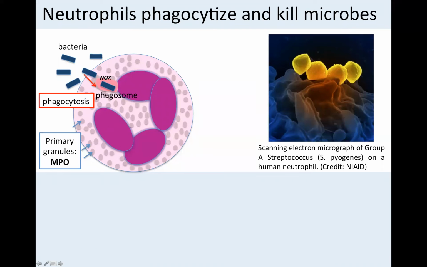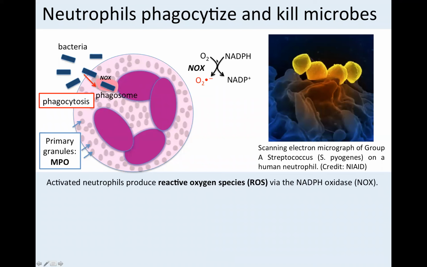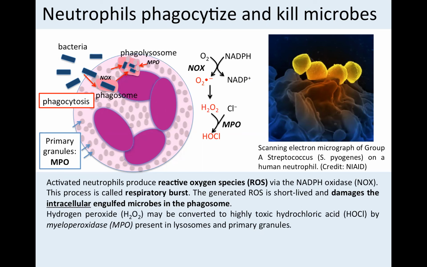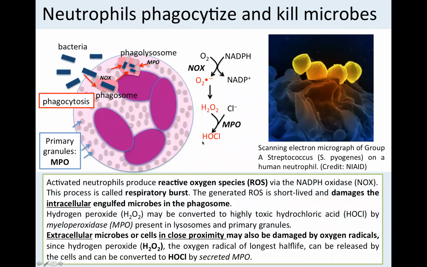In the phagosome, they can lyse the bacteria and they can produce oxidants to inactivate them by the NADPH oxidase. This will produce superoxide, which can be turned to hydrogen peroxide, which has a much longer half-life, and can be combined with chloride by the myeloperoxidase, and then hypochlorous acid can be produced, which has an even more toxic effect and longer half-life.